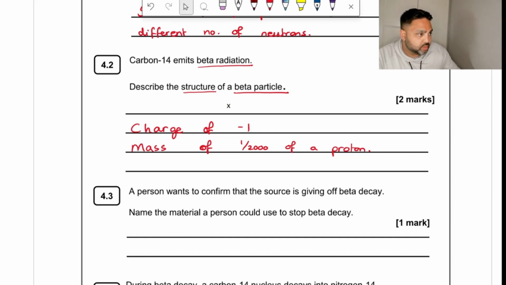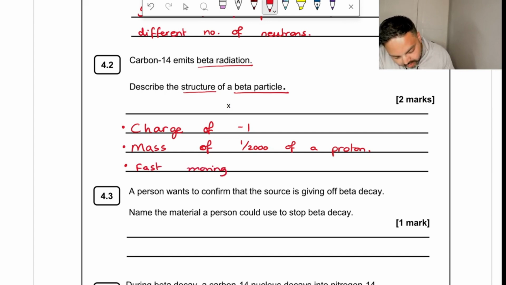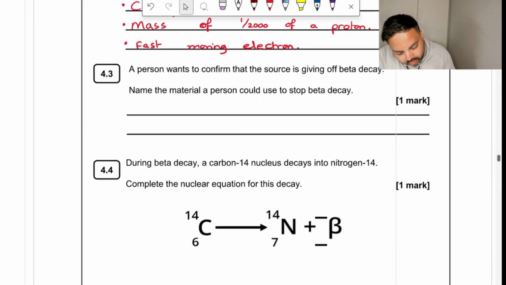That's literally all they are asking. Let me just check on the mark scheme really quickly. Yeah, and ultimately it is a fast moving electron. That is the 3rd mark.